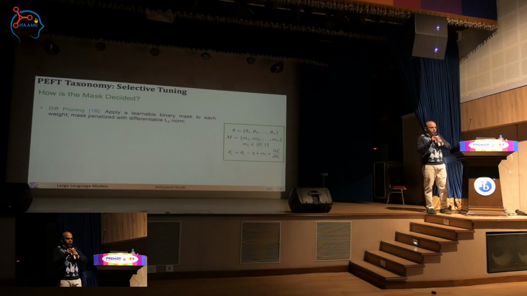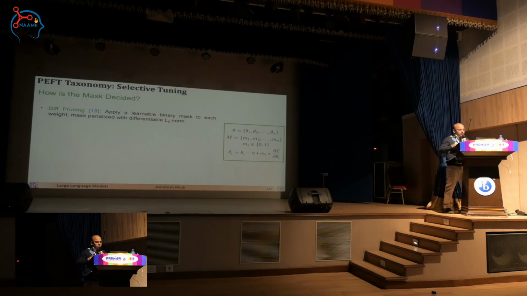The total number of non-zero items. Yeah, the number of non-zero values in the vector. That's the L0 norm. So you penalize these masks, and you put it in as a regularizer in the loss function, and then you do the same thing, backpropagation and all those things.